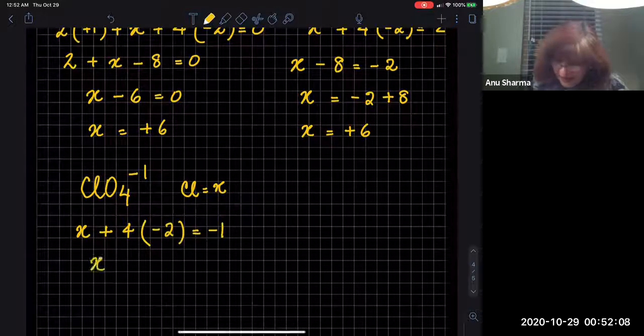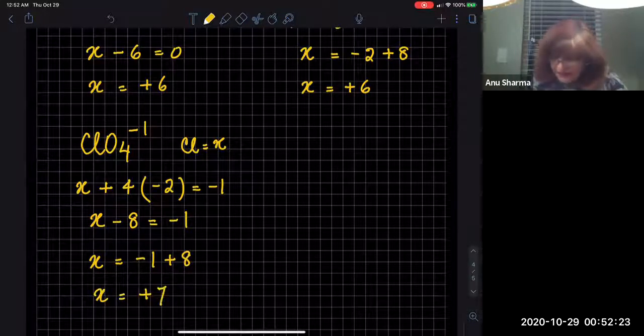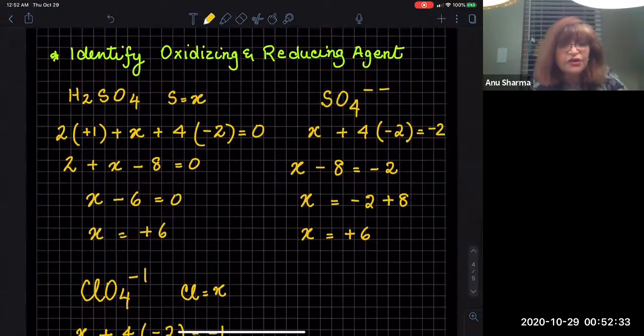X plus 4 2s are 8. So this becomes minus 8 is equal to minus 1. Okay. So X is equal to minus 1 plus 8. And this X is equal to positive 7. So that's the oxidation number of chlorine in perchlorate. Okay. So this is how you will be calculating the oxidation numbers.